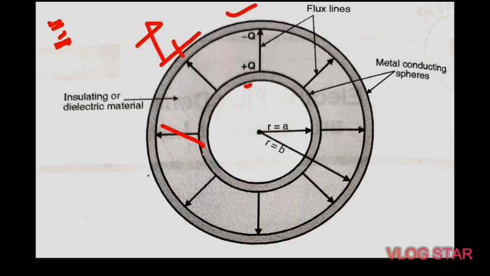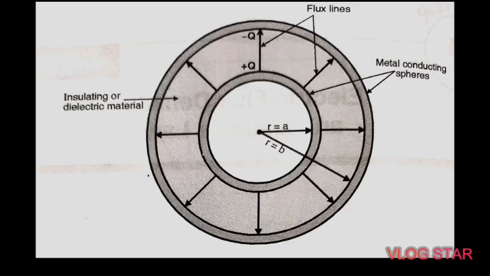This electric displacement is shown in this figure by the lines which are drawn radially from one sphere to the other sphere. Because of this displacement, a charge of equal magnitude but opposite sign is developed.